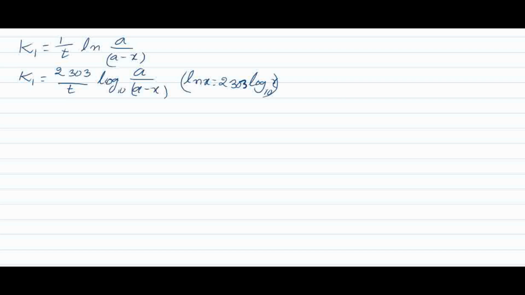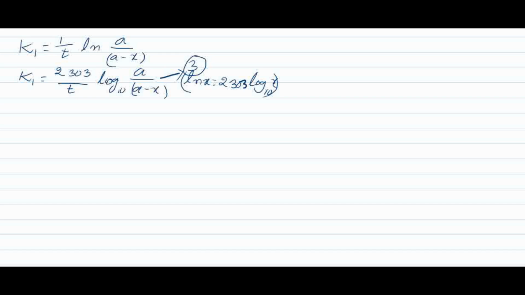So this is the final logarithmic form of the equation of the first order reaction rate constant: K1 equals 2.303 by t log a by a minus x.